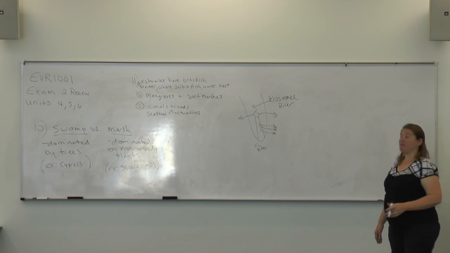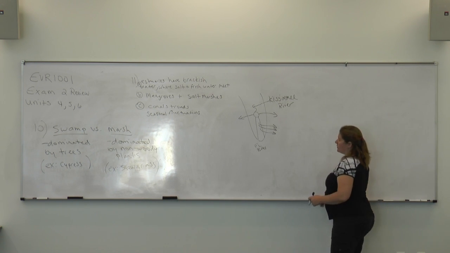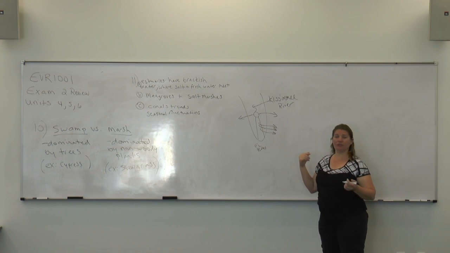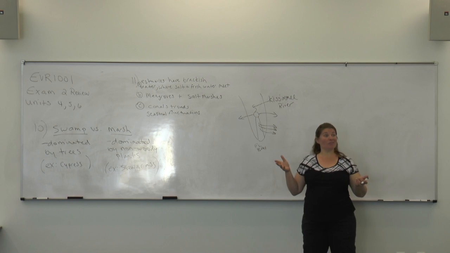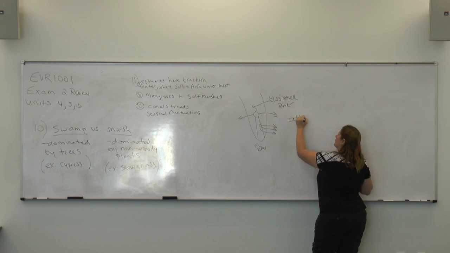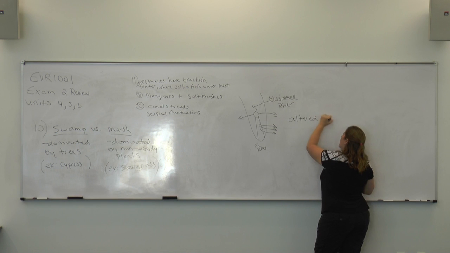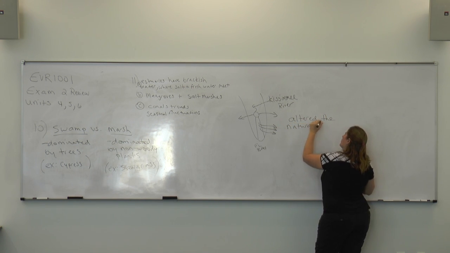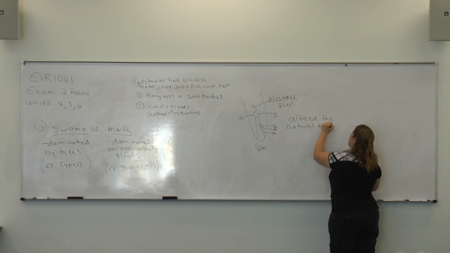How have humans impacted the Everglades? We already talked about one of them, right? They made the canals and the roads. We altered the natural hydrologic flow.